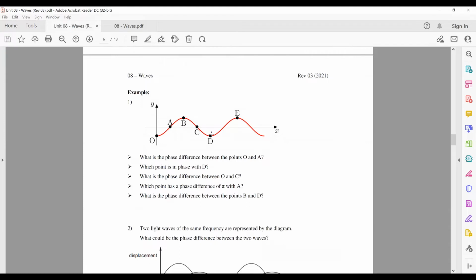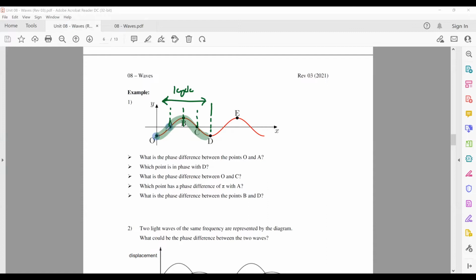Now, what is the phase difference between points O and A? This one we didn't give you any values to work with, but from looking at the waveform itself, you should be able to see how much of a fraction of a cycle those two points differ by. You see, this one is 1 cycle, and this 1 cycle can be clearly divided into 4 equal parts.